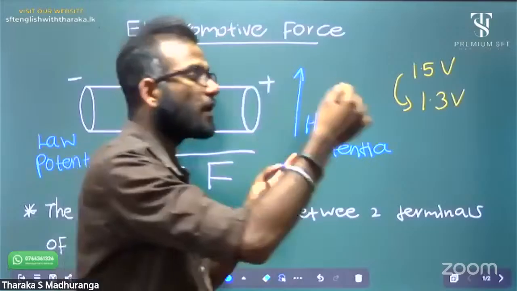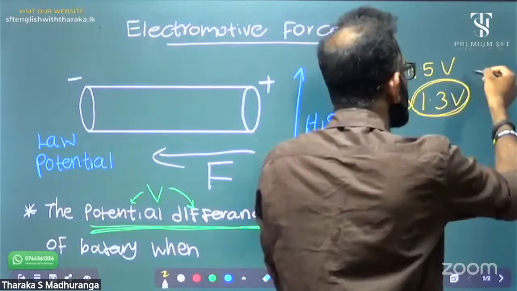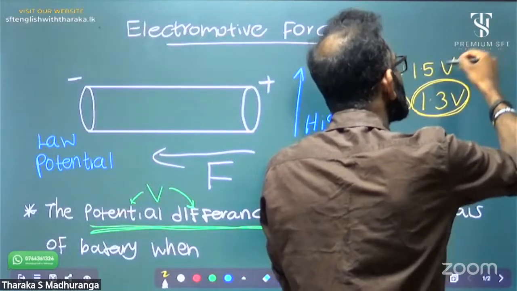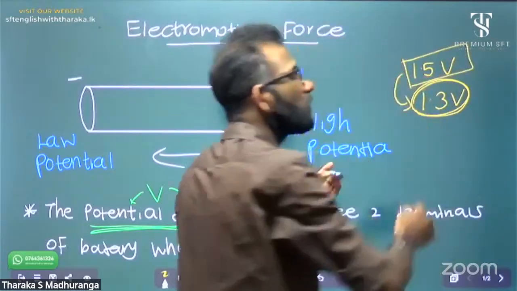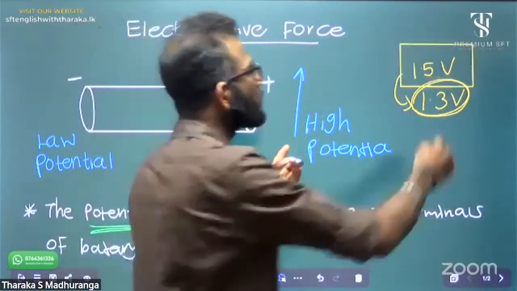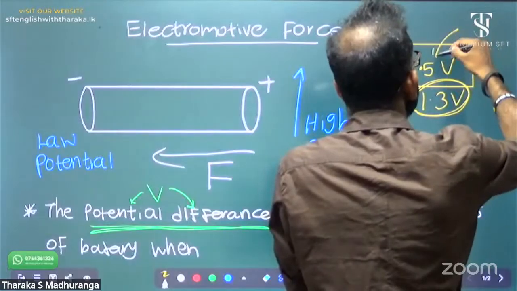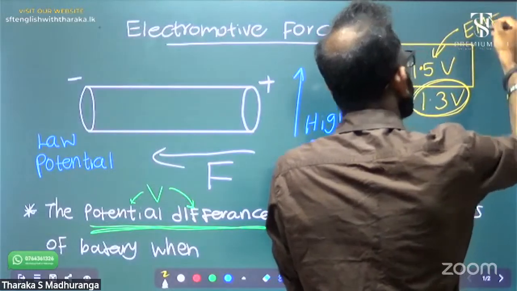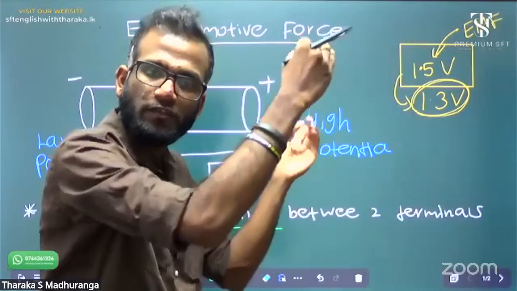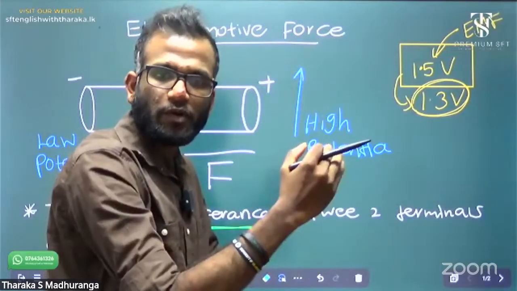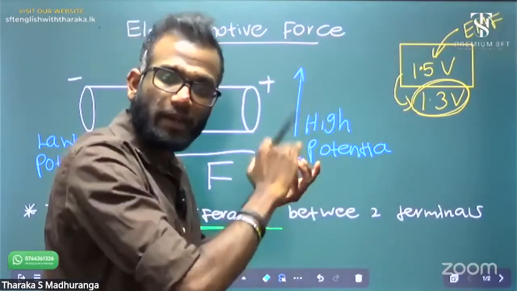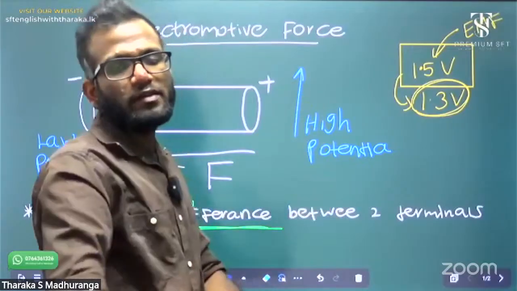When I connect to a circuit, the potential difference is less than the electromotive force. What is the reason? Battery internal resistance and conductors' external resistance.